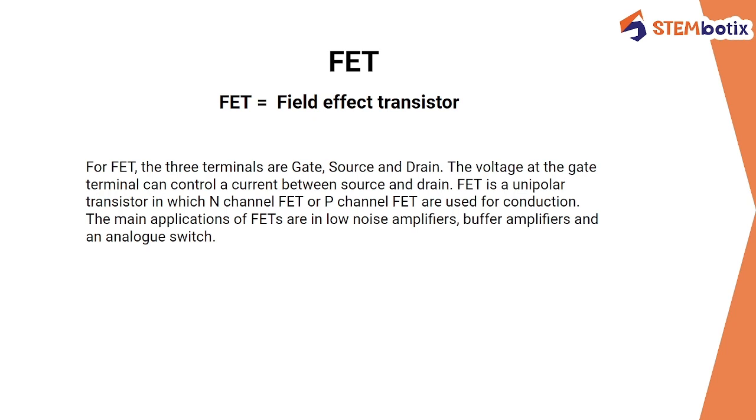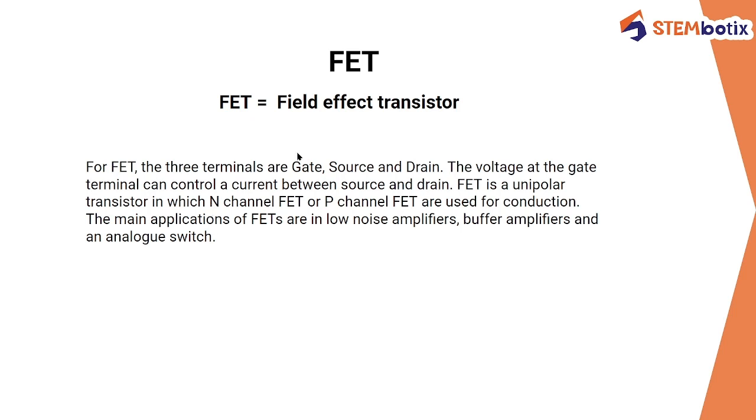Field effect transistor is a unipolar transistor. So the BJTs were bipolar transistors while FETs are unipolar transistors, in which N-channel FET or P-channel FET are used for conduction.